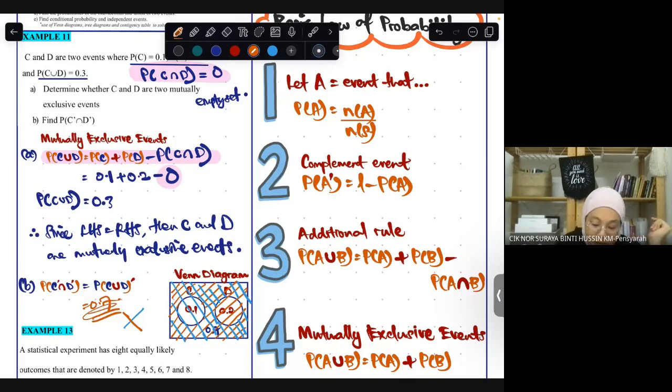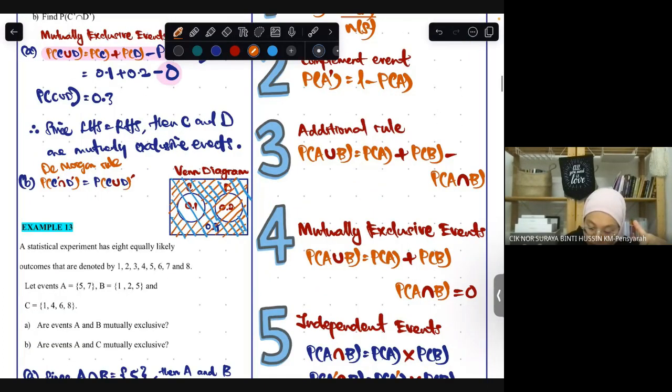Tapi there is another way of getting the answer, which is by using the De Morgan rule. The De Morgan rule, there is a formula given here. Mana dah? Bukan sini.